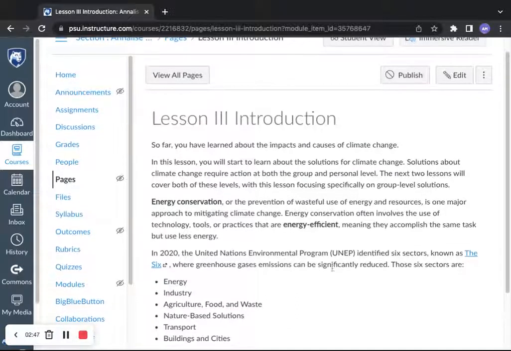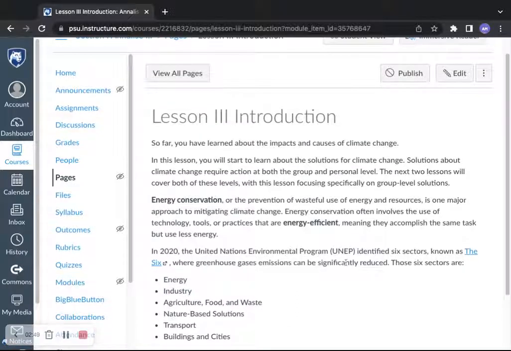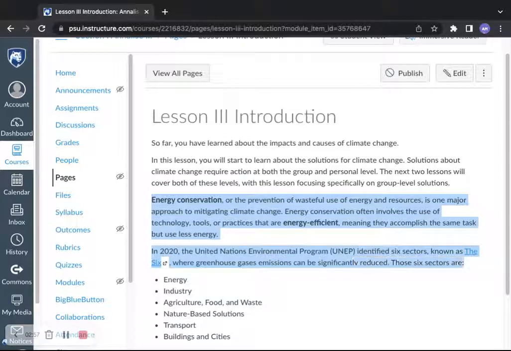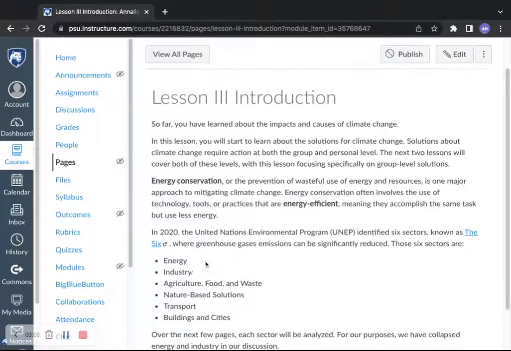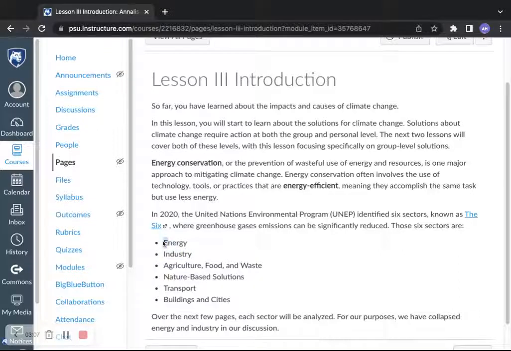And then here we have our introduction page, which again talks about solutions for climate change. It has some key terms bolded just to emphasize them to the learner, and often definitions for these will show up in the flashcard set on cram.com as well as in the quiz. And then here, this reviews how this information is broken down overall.